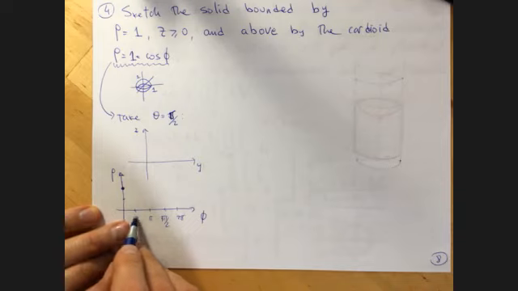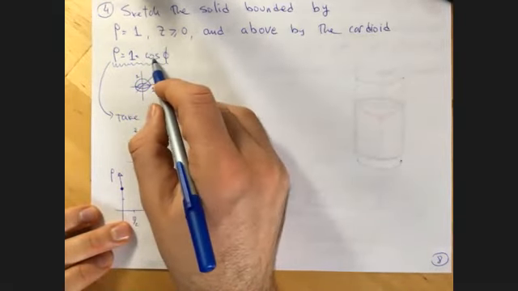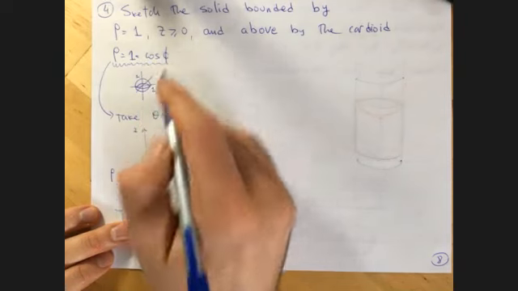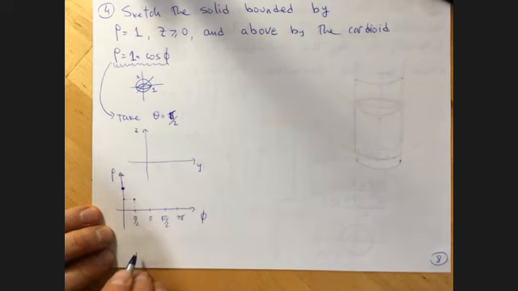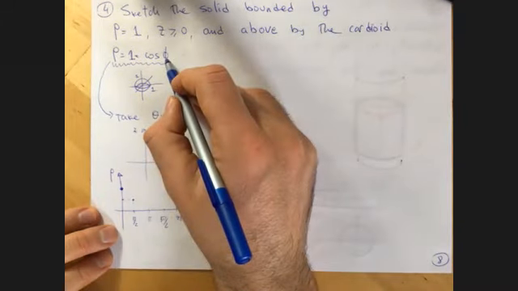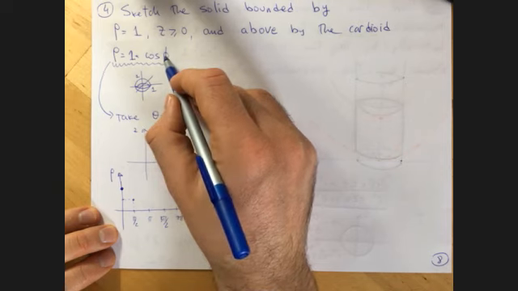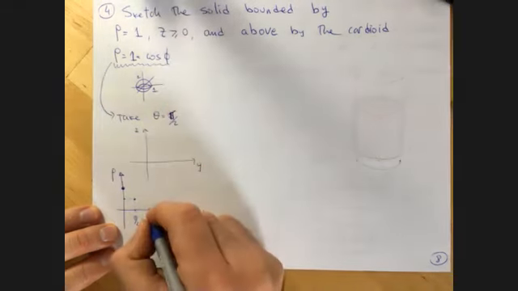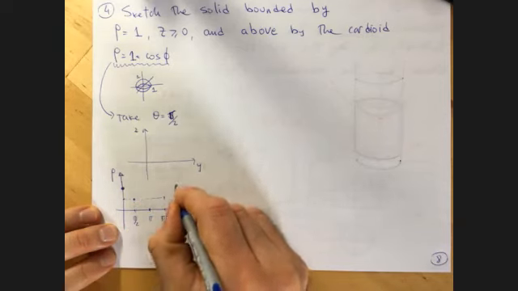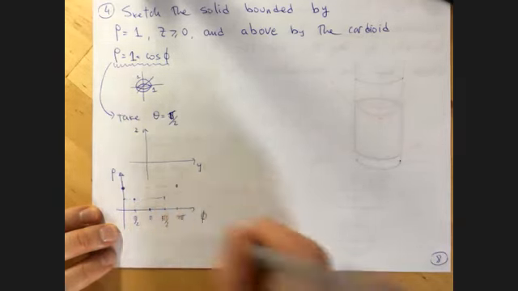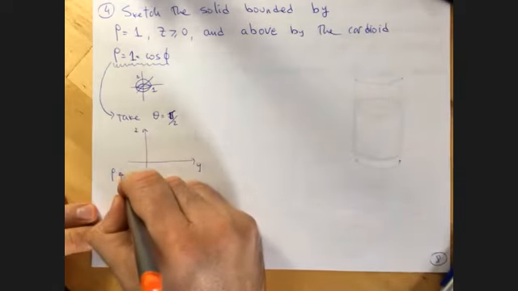As I'm going towards pi over 2, this part here diminishes, becomes 0 at pi over 2, so rho at pi over 2 is just 1. When phi is pi, cosine of pi is negative 1, 1 minus 1 is 0. And then here, obviously, you can expect what's going to happen with the rest of this curve. It's just the cosine curve, right?